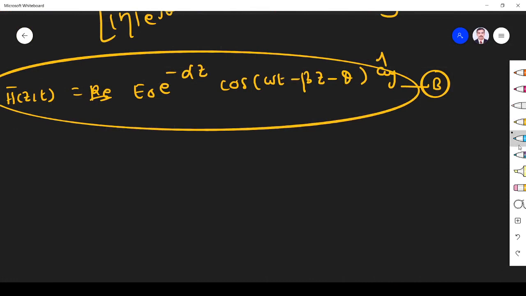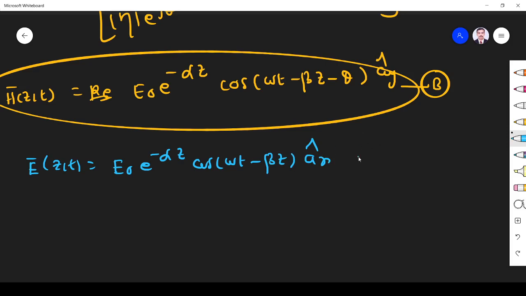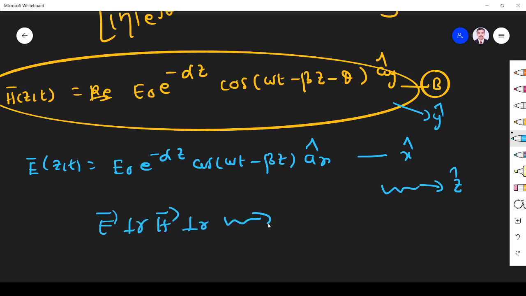So I write my electric field equation for simple understanding: E z of t is E naught e power minus alpha z cos omega t minus beta z into Ax vector. Electric field is along the x direction, magnetic field along the y direction, wave in the z direction. So the electric field is perpendicular to the magnetic field, which is perpendicular to wave propagation. All three are mutually perpendicular, proved.